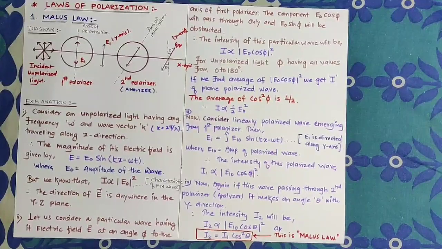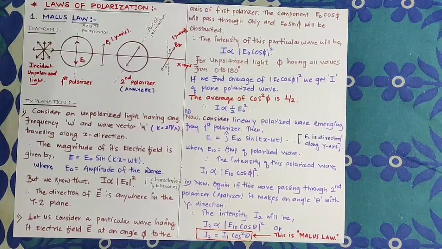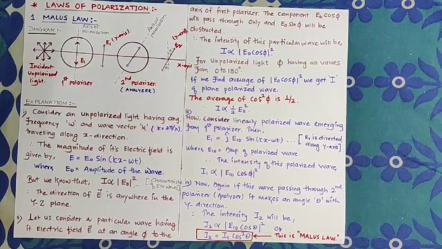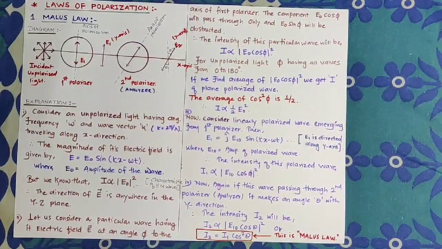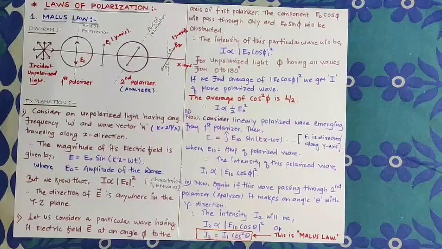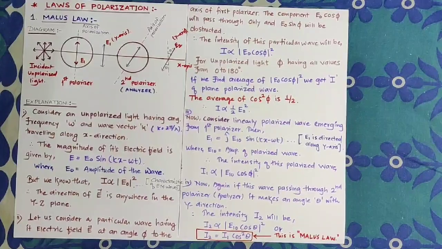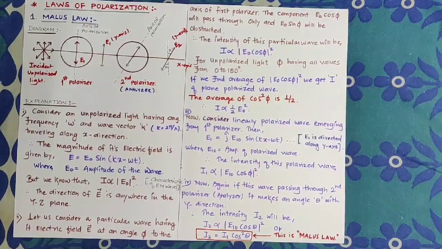Obstructed means blocked. Why? Because light does not travel in the backward direction. The backward direction does not exist. That's why E0 sin phi will be obstructed, will be blocked, and we consider the cos phi component only.